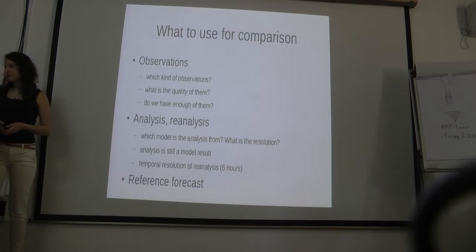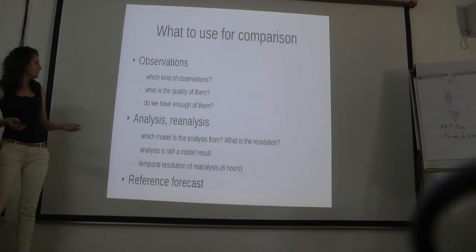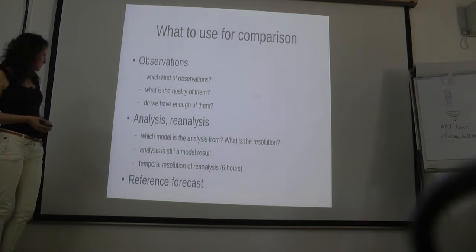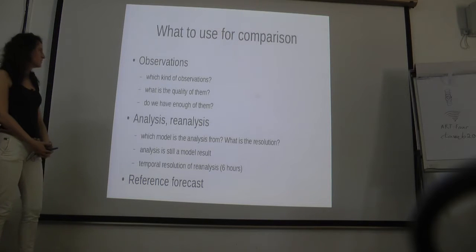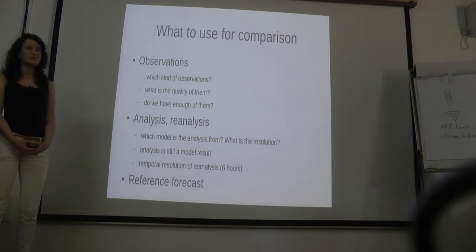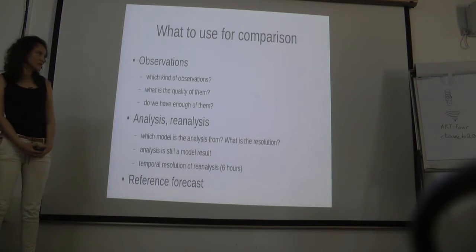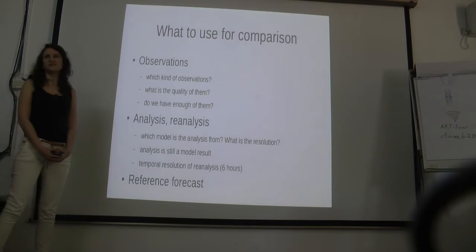Okay, you can have different types of observations or another references that you can use to compare your forecasts to. The most obvious seem to be observations, but then we have to decide which kind of observations do we want to use. What is the quality of the observation?